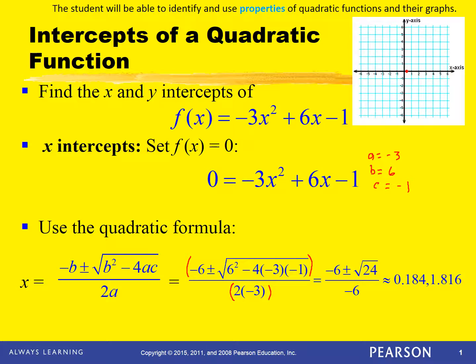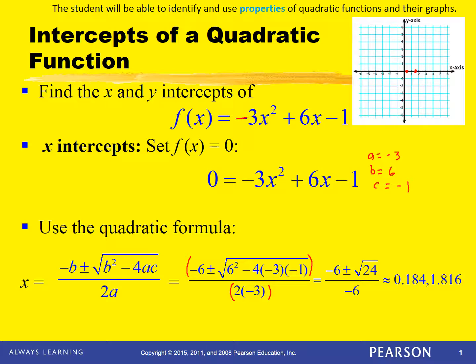Go to the calculator to get these two numbers. There's going to be one x-intercept barely above 0, so barely to the right of the origin, and then 1.816 will be just a little bit to the left of 2.